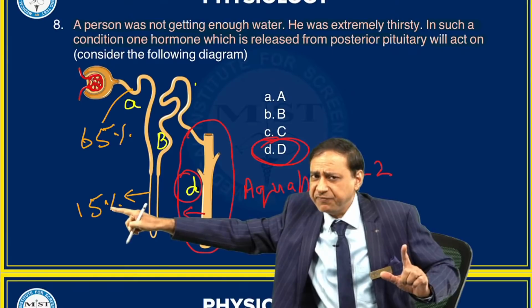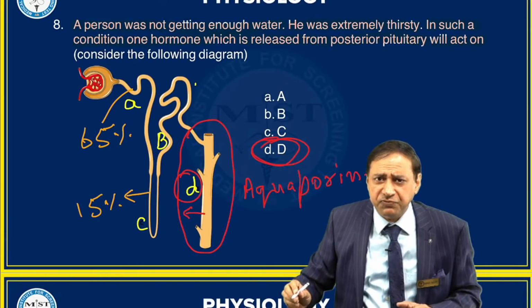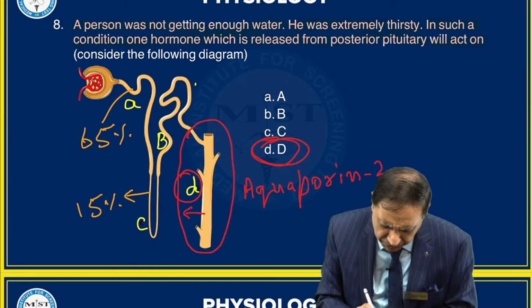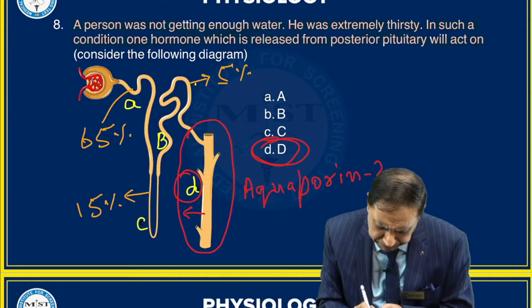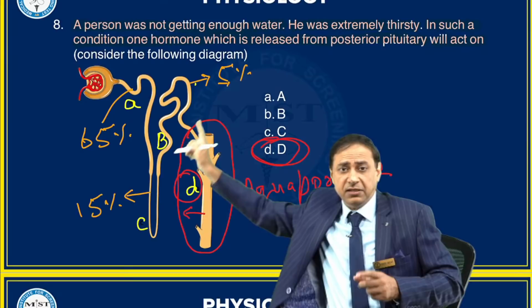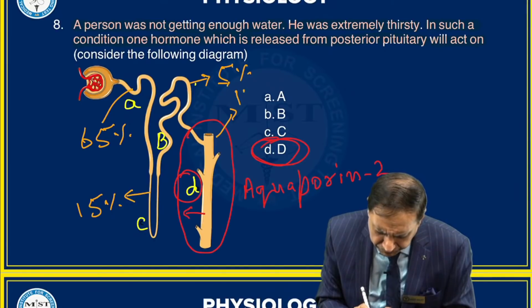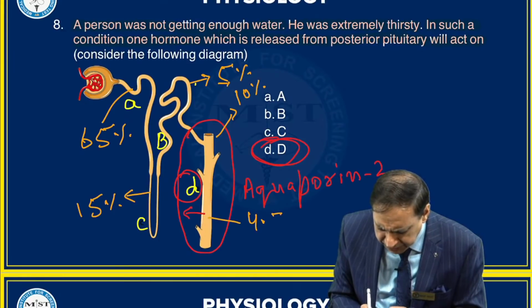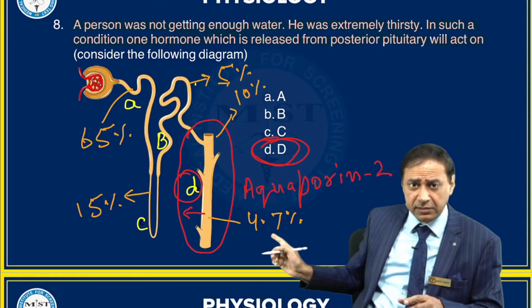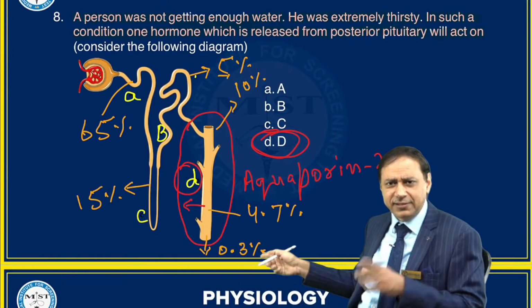So 65 plus 15 is 80%. 5% may be reabsorbed from the DCT, so 85%. 10% may be reabsorbed from the cortical collecting duct, 4.7% from the medullary collecting duct, and 0.3% may be excreted in urine.